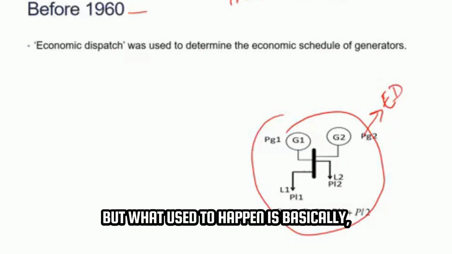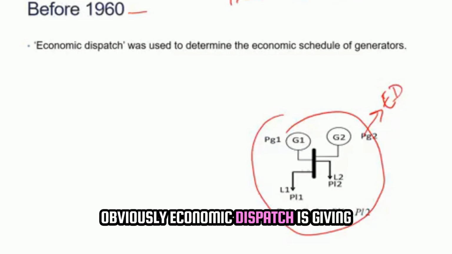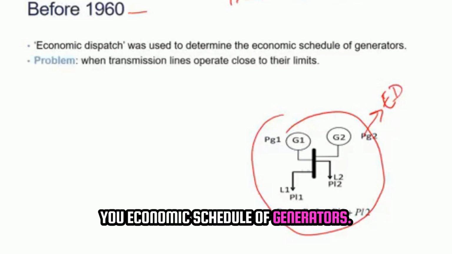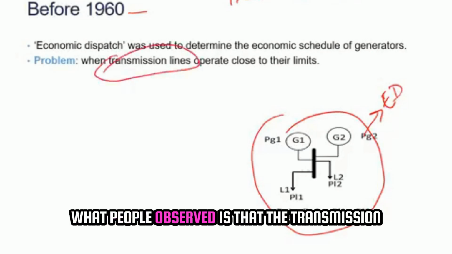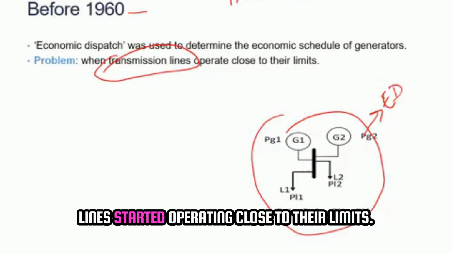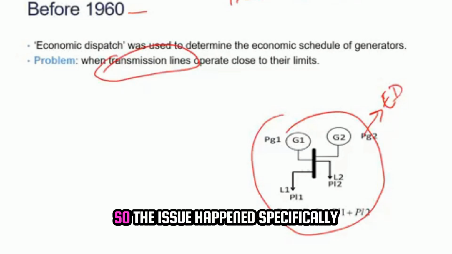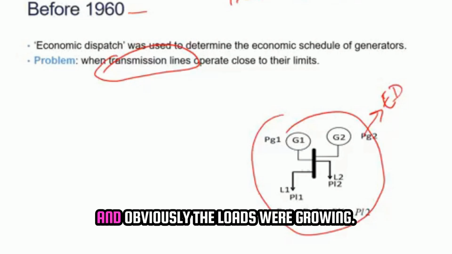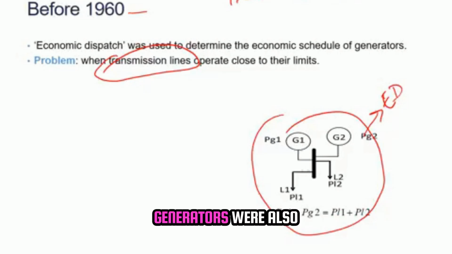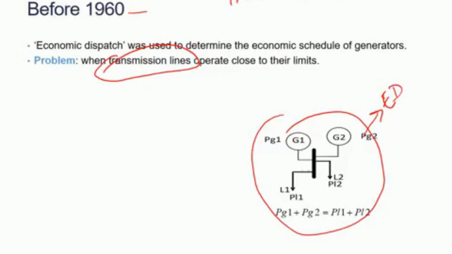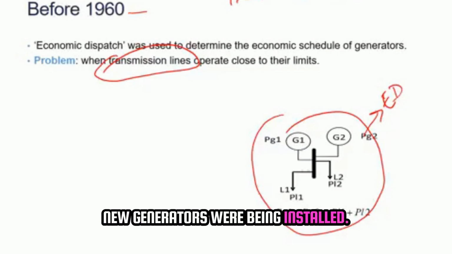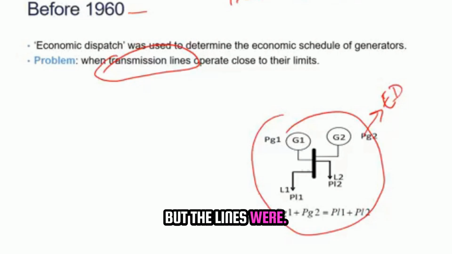But what used to happen is that economic dispatch gives you an economic schedule of generators, but the first problem people observed is that the transmission lines started operating close to their limits. The issue happened with transmission lines first. Loads were growing and new generators were being installed, but only the old lines were kept.